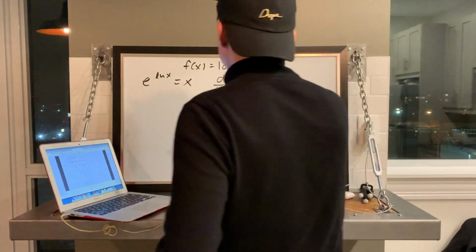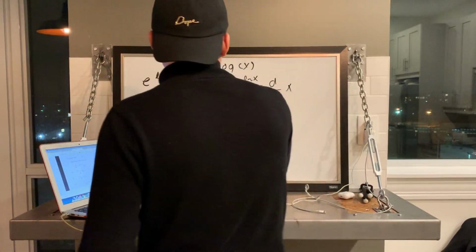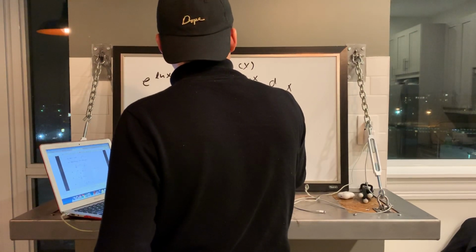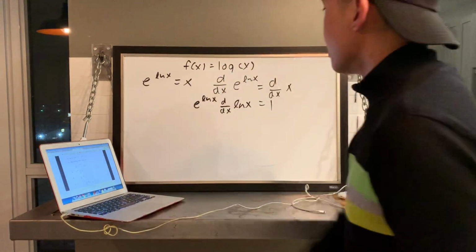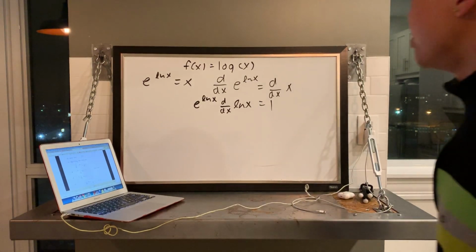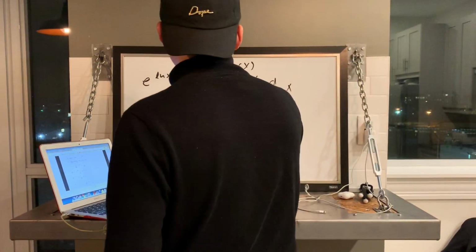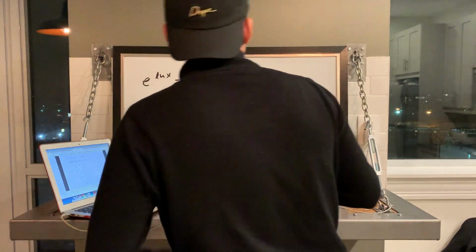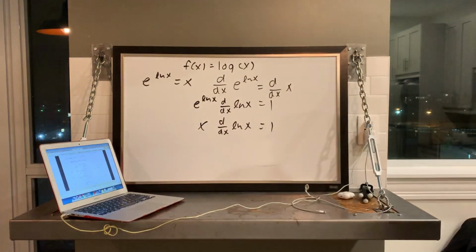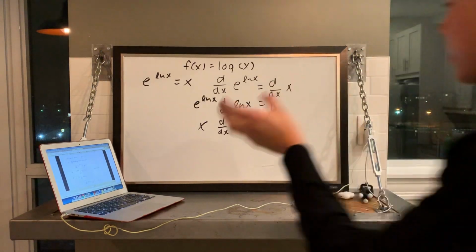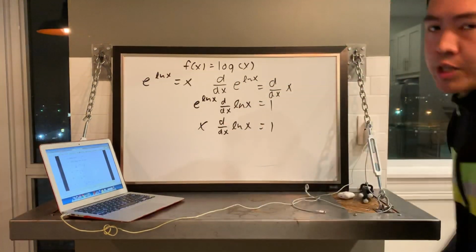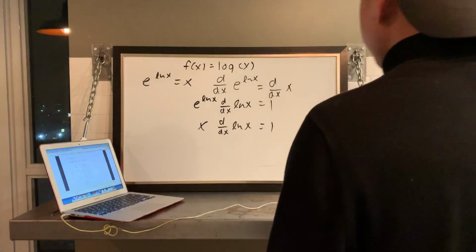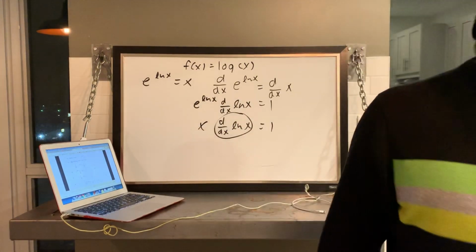Okay, we get 1, so then we get e to the log x times the derivative of log x, because that's a function. So that means this is x. We're equating these two, and then differentiating both sides to come up with how the derivative of log x is derived.